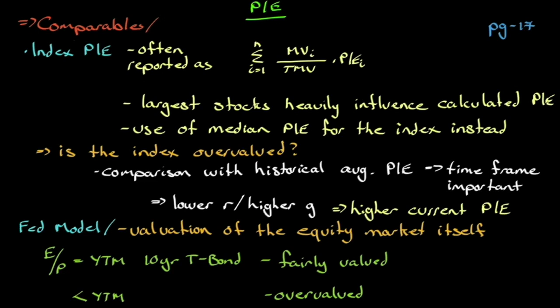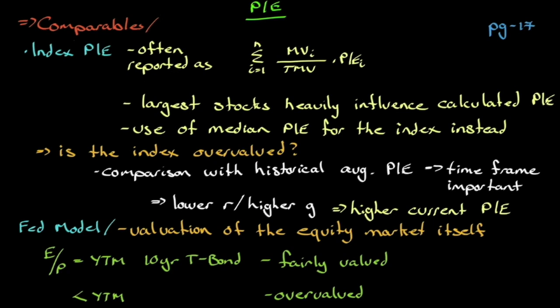So the other reason to look at the PE on the index is to ask an obvious question: is the market overvalued or undervalued or fairly valued based on its historical range for the PE? When an index PE is calculated, it can be done in one of three broad ways.